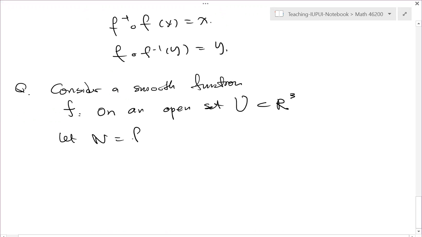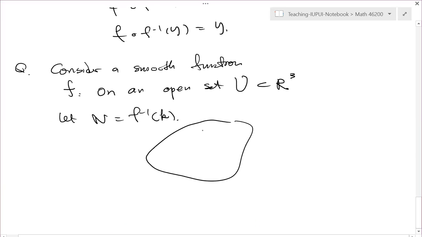Let n be the level set, and we can assume that it's just k. So here's an open set in R3, and this is a level set, f equals k. Now I'm going to take a look at a point. We are using x, y, z, so I have to use a three-component point.